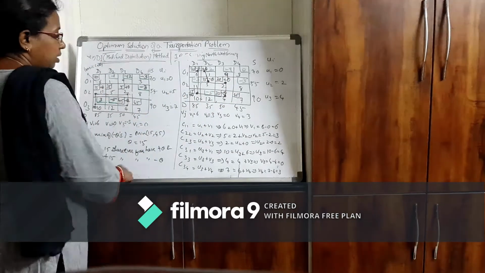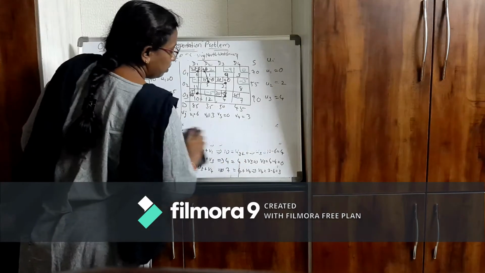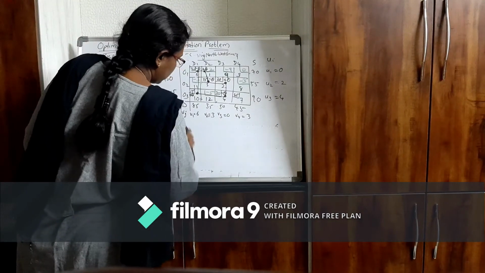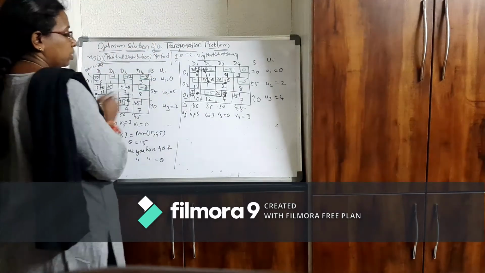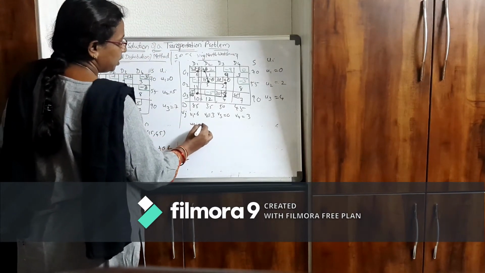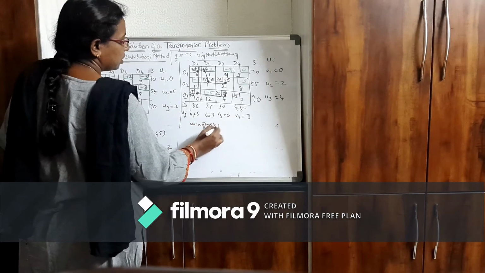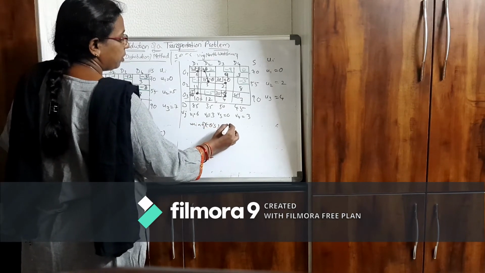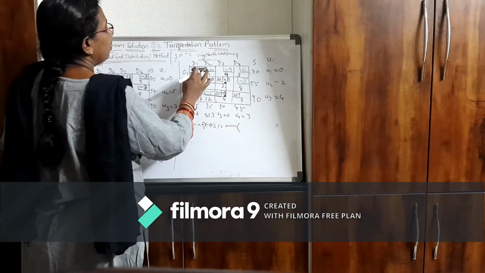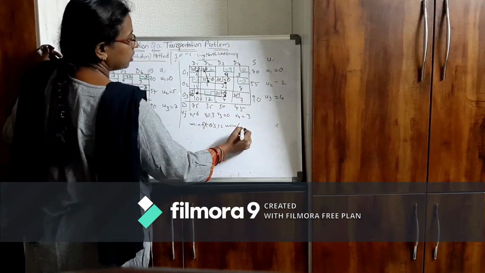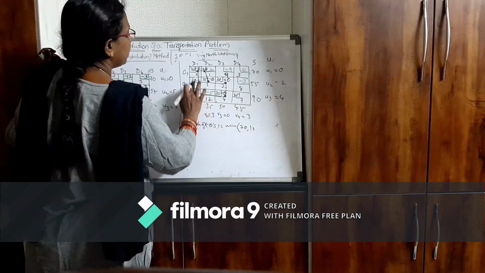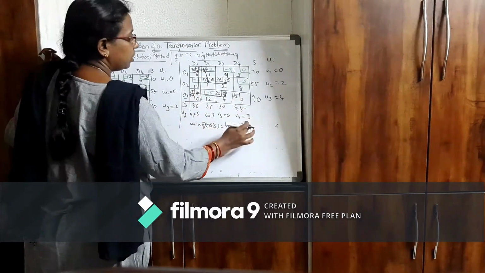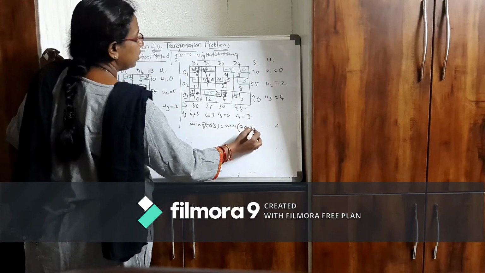Now what are the minus theta values? You have to see the minimum of the minus thetas. What are the values you have here? 70, 50, not 15, sorry, 70. Here you have minus theta. Then you have minus theta at this 30.